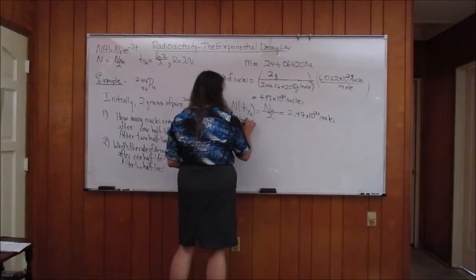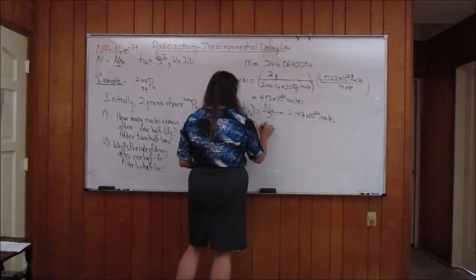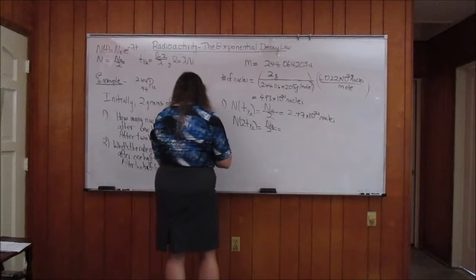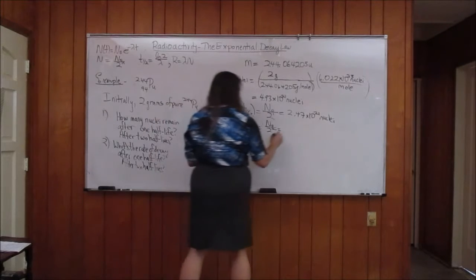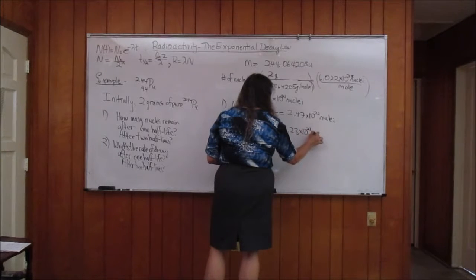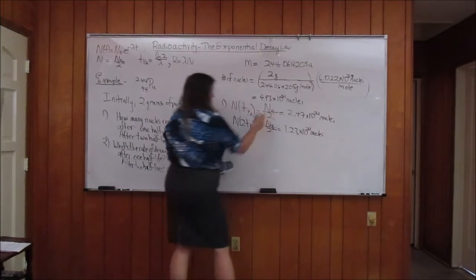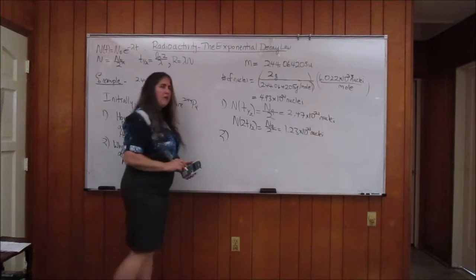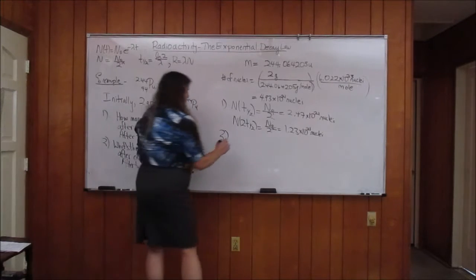After 2 half-lives, you'd expect there to be 1.23 times 10 to the 21st nuclei. So half, then a fourth.